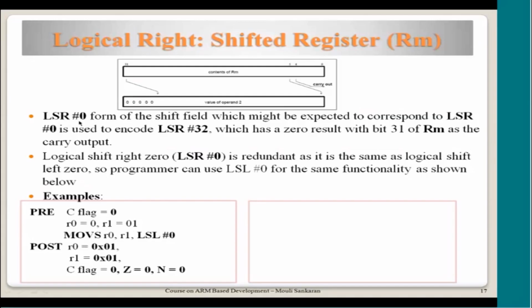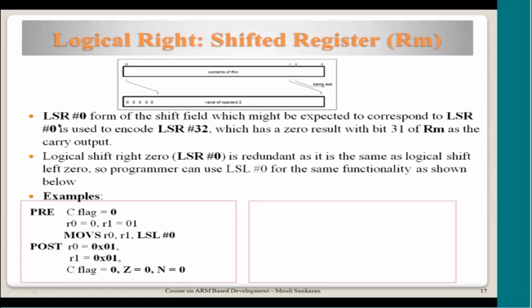Both are the same. So the ARM processor designers had a very innovative idea: they wanted LSR 0 to be interpreted as something different. Because as a programmer, if I don't want the bit pattern that I have in RM to be disturbed, I would have mentioned LSL 0.